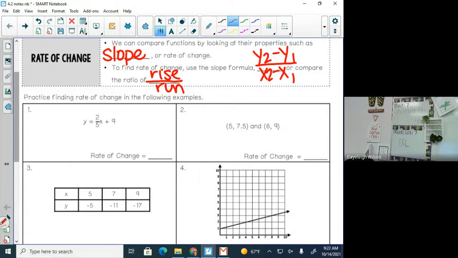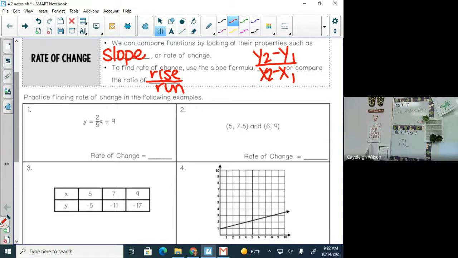Alright, so, guys, let's read the directions. It says practice finding rate of change in the following example. So it says rate of change, and you all have to know that rate of change is also talking about the slope. Slope and rate of change are interchangeable words.